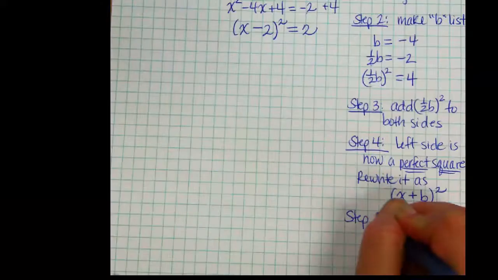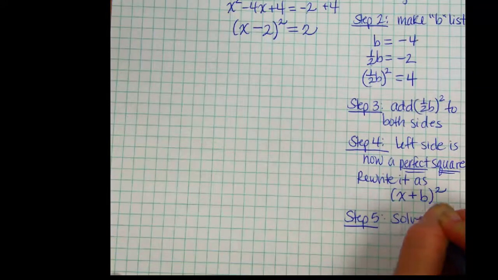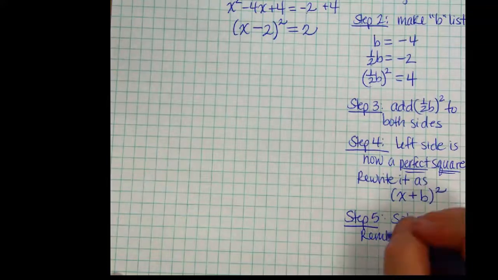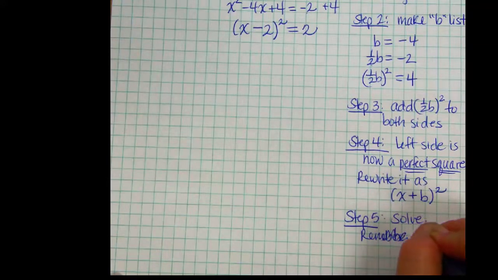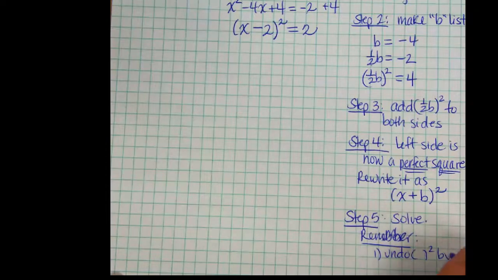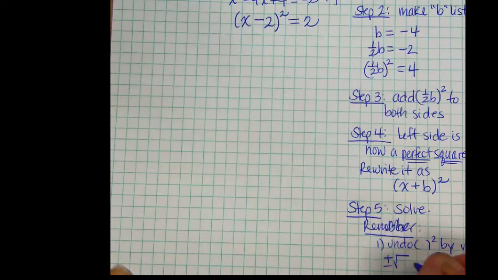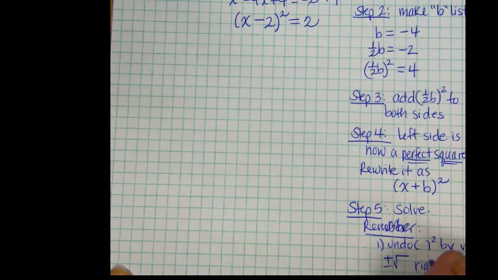And for your final step, you solve. Remember a couple of things. Remember, undo squaring by square rooting, and you need to plus or minus square root your right side. Here's what I mean.